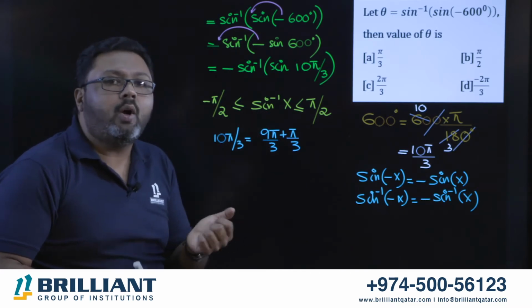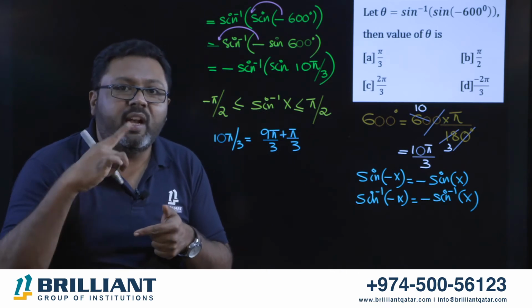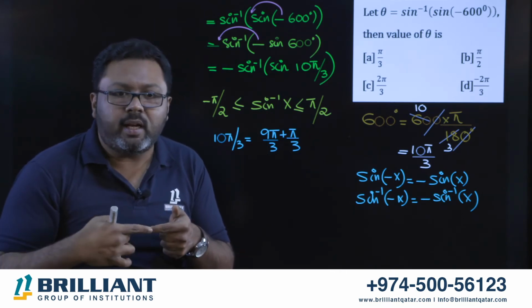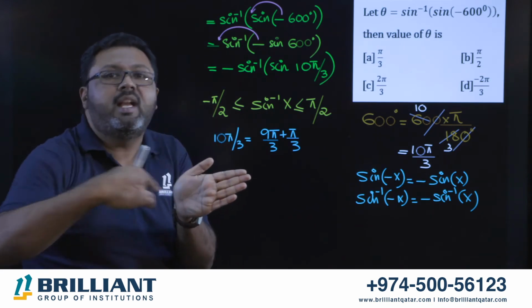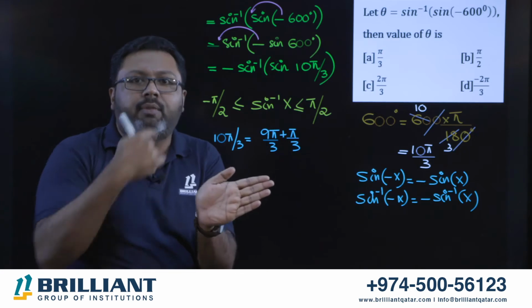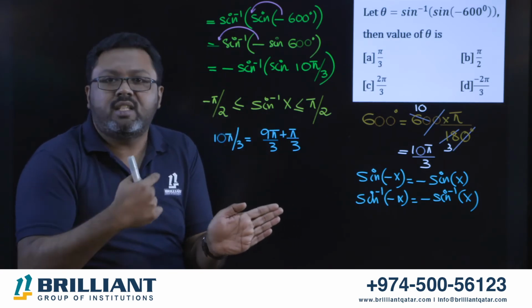We are trying to find out how many times this quadrant is getting repeated, because every time you rotate a complete 360 degrees, you get a bigger angle, but you're coming back to the same first, second, third, fourth quadrant. You have learned this in 11th standard.